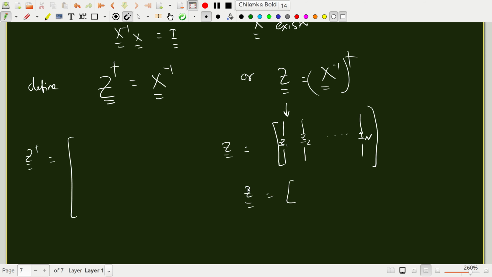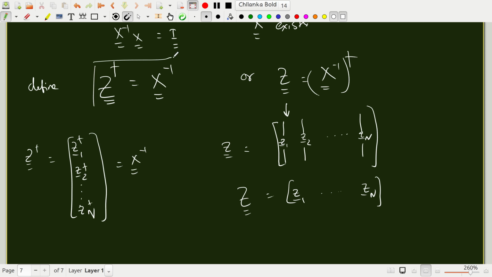The matrix big Z is an assembly of column vectors, so Z dagger will become an assembly of row vectors Z1 dagger, Z2 dagger, up to Zn dagger. But Z dagger is nothing but X inverse. That's how we have defined Z in the first place.